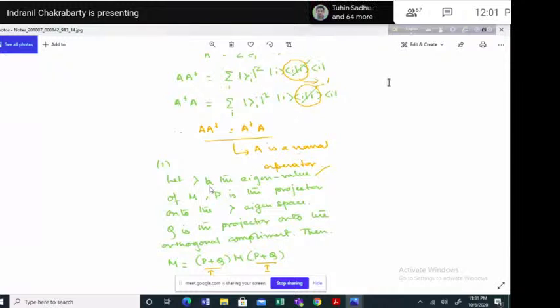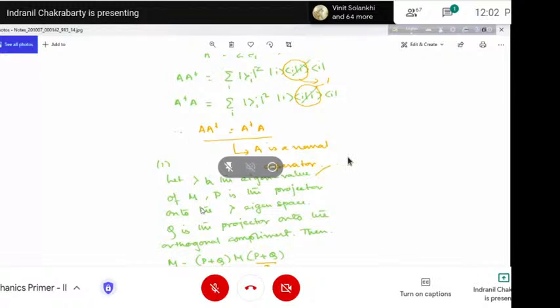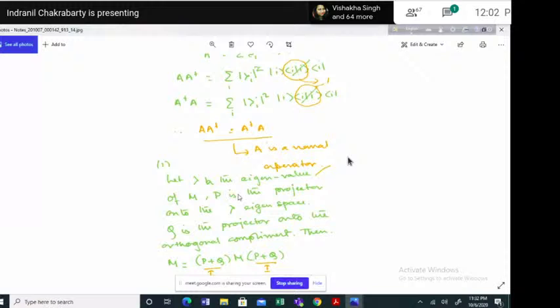Here I will ask you some important questions, and I want you to find out the answers. I will come to the questions later. First, we start with this. Let lambda be an eigenvalue of M, where M is a normal operator, and let P be the projector onto the lambda eigenspace.